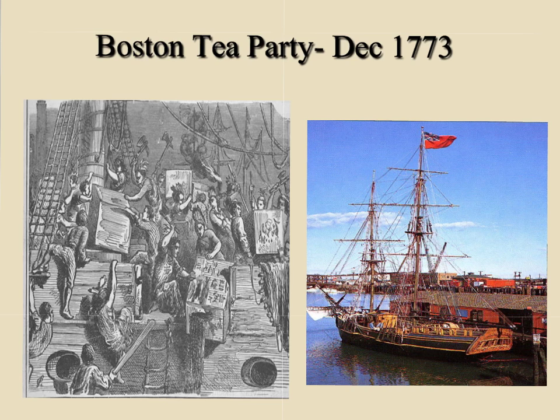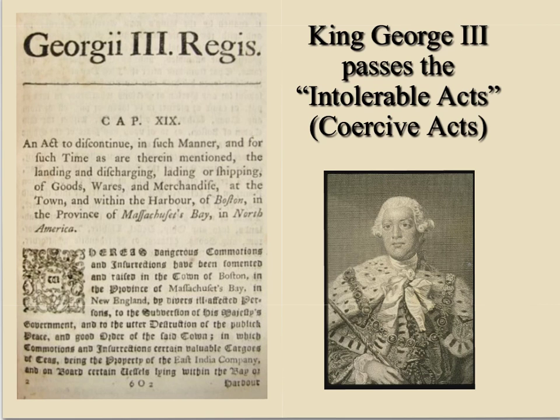So in the cover of darkness, the colonists dressed up as Native Americans and stormed the ship to throw the tea overboard, which will then lead to King George passing the Intolerable Acts, also known as the Coercive Acts. Now, there are several parts to these acts.